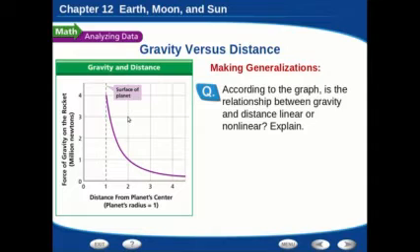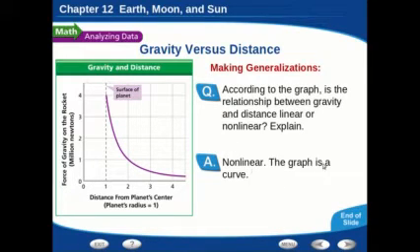And then it went another radius away, so its distance increased by 1 more radius, then its force of gravity decreased by 1 million newtons. And then it went up by 1 and so forth. So if you had a line that looked like someone set a ruler down and went diagonally across here, that would be a linear relationship.